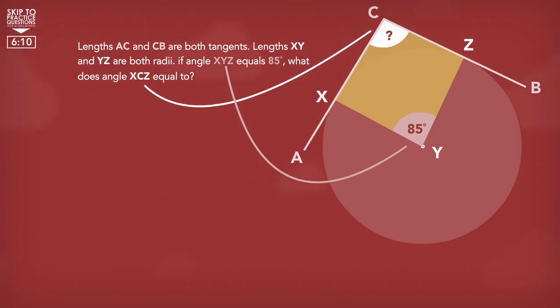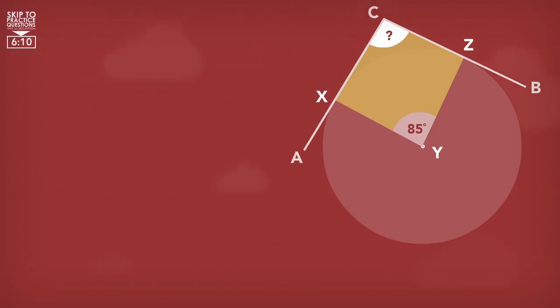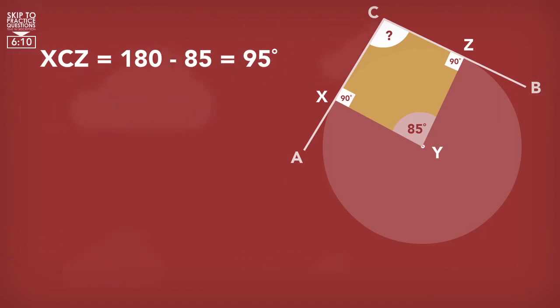Since we know angles YXC and YZC are both 90 degrees, the last two angles add up to 180 degrees. XCZ must equal 180 minus 85, which is 95 degrees.